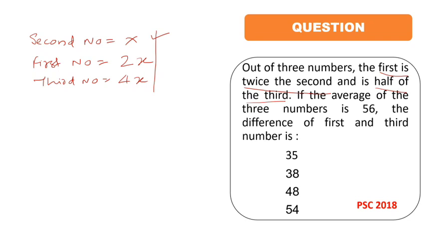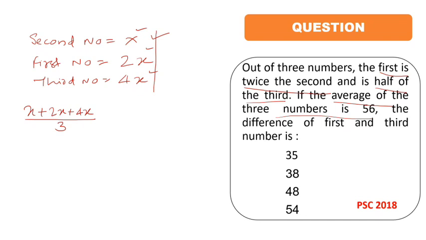So if this concept is clear, what is given in the second condition? The average of the 3 numbers is 56. Average means the total sum divided by the total number of numbers. We have 3 numbers, and the total sum is x plus 2x plus 4x.